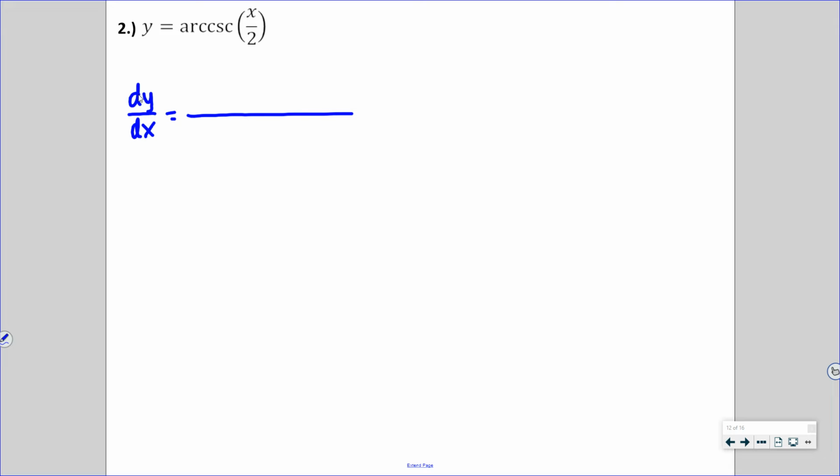Secant and cosecant, that's the one that has the absolute value of x, but in this case we have x over 2 times the square root of x squared minus 1. Now since this one's cosecant, it's all over negative 1. Don't forget about chain rule. Times the derivative of the inside would be 1/2.